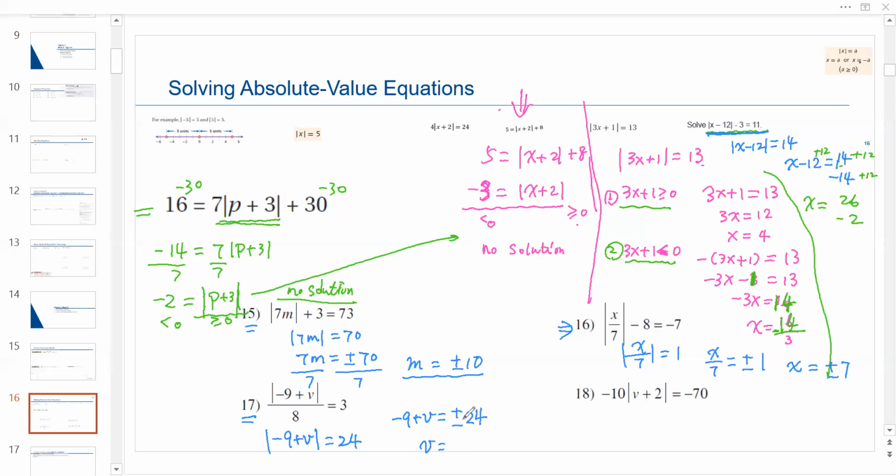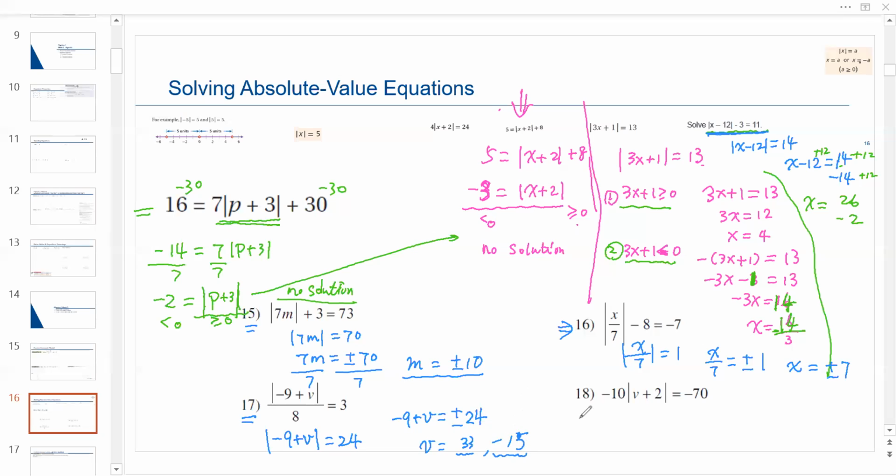Here, 24 plus 9 equals 33. Negative 24 plus 9 equals, I'm sorry, negative 15. So one of the answers is 33, and one of the answers is negative 15.